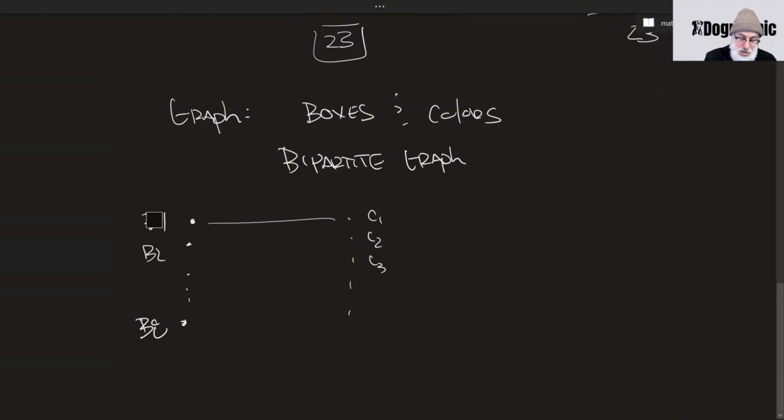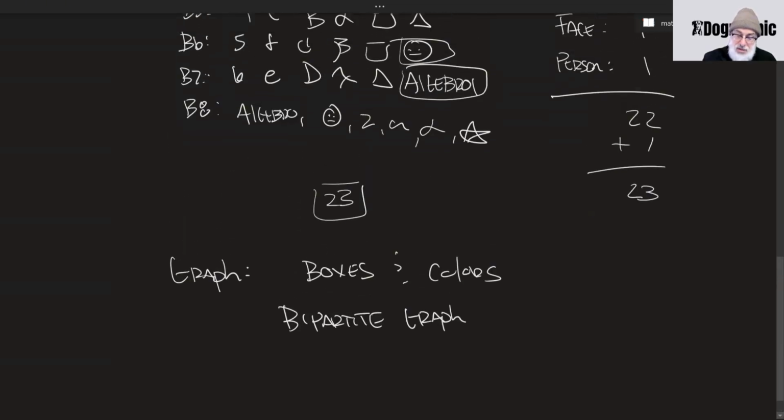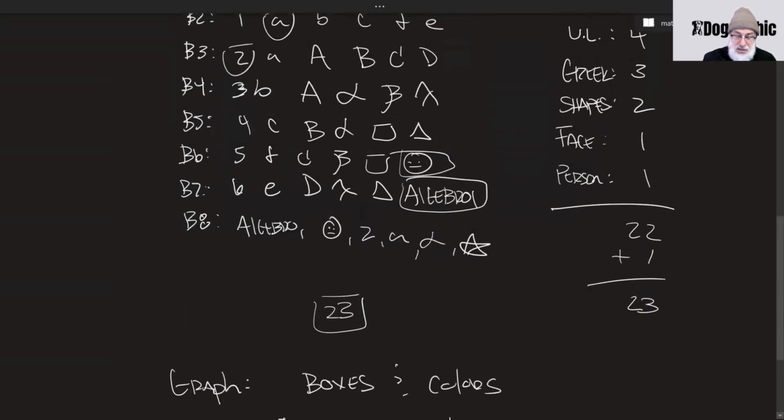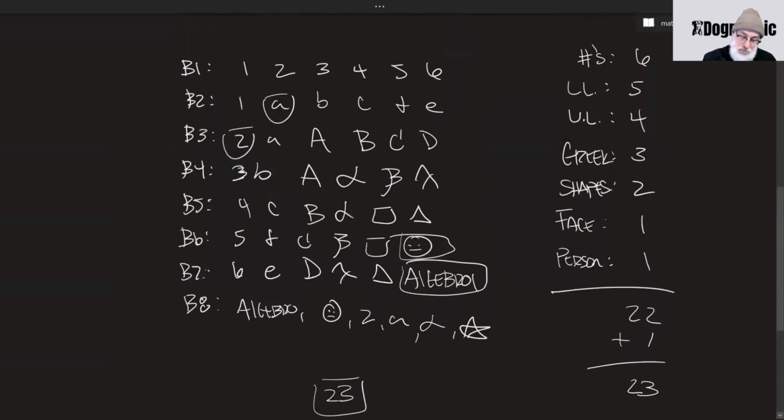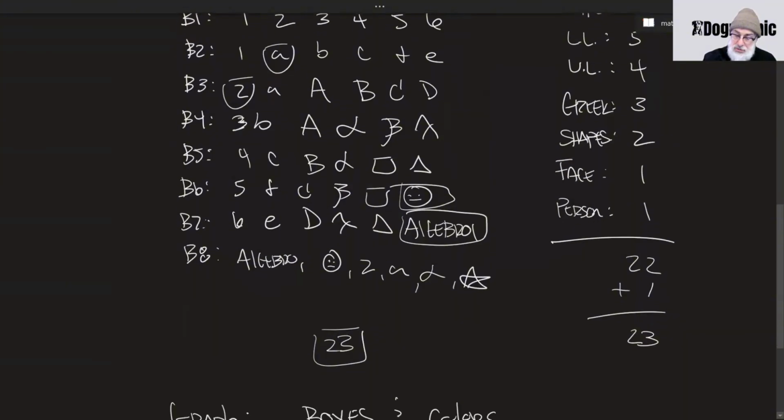I don't know. That might be better as a separate video looking at bipartite graphs in terms of this problem to see if we can generalize this problem for any finite number of boxes and colors.